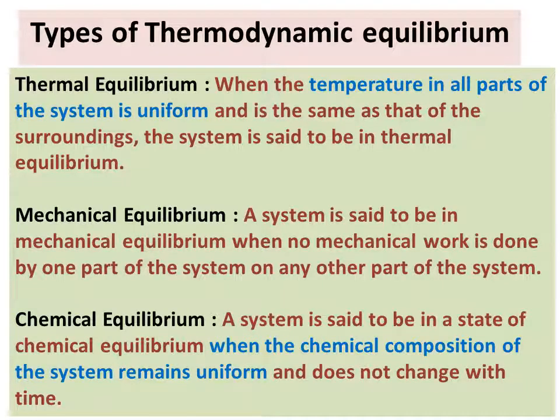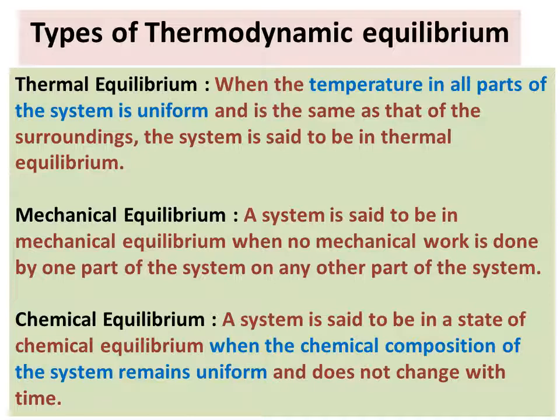As we have discussed thermodynamic equilibrium, there can be different kinds of thermodynamic equilibria. We have to understand and define three of them, which are very important for our present syllabus. First, thermal equilibrium.